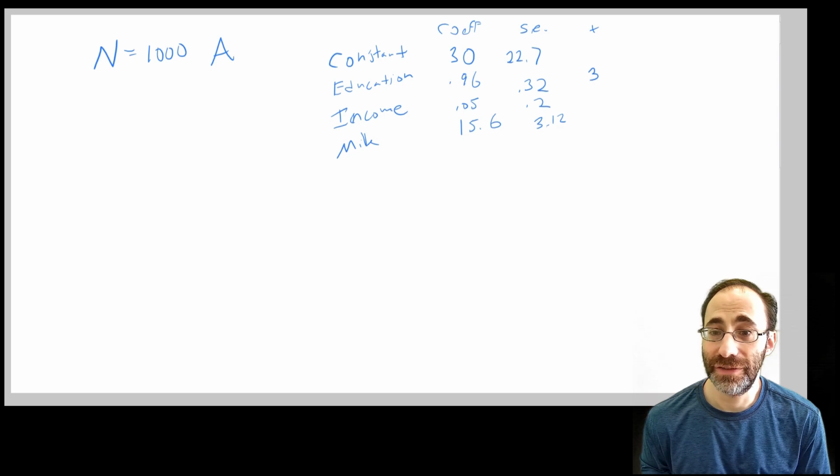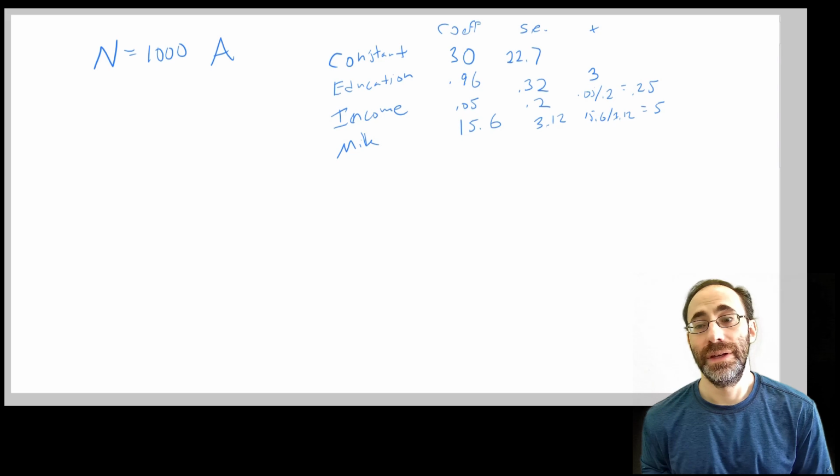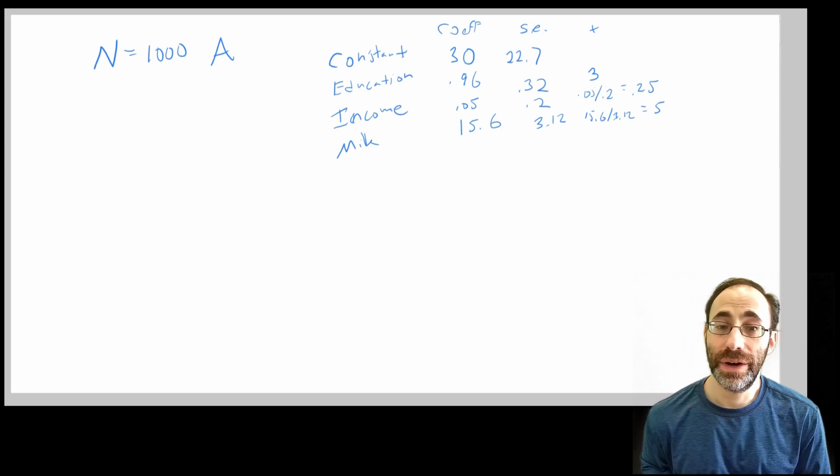Income is 0.05 divided by 0.2. So 0.05 divided by 0.2 equals 0.25, about a quarter, or exactly a quarter. Milk is 15.6 divided by 3.12, and that's 5. So we have t-statistics for each one of our 3 independent variables.